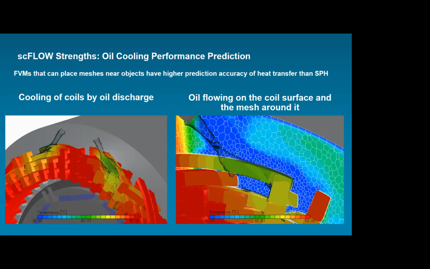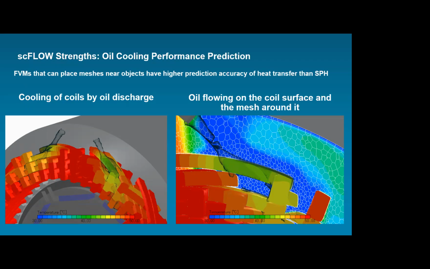SCFlow can take into account these aspects by defining, for example, a variable viscosity property. And this can be done in many different ways, such as inserting tables, inserting user-defined functions, and inserting scripts.